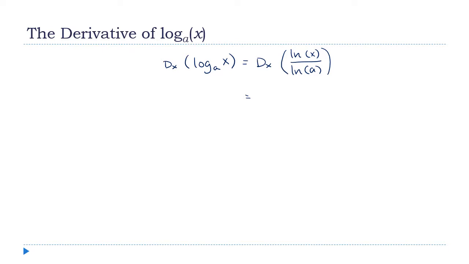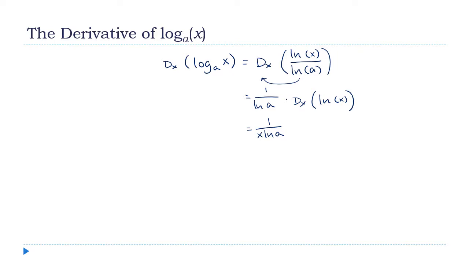I can bring that natural log of a out in front, because remember, a is a number, so that's a constant. So this is 1 over the natural log of a times the derivative of the log of x, and I know the derivative of the natural log of x is just 1 over x. So this is 1 over x times the natural log of a.